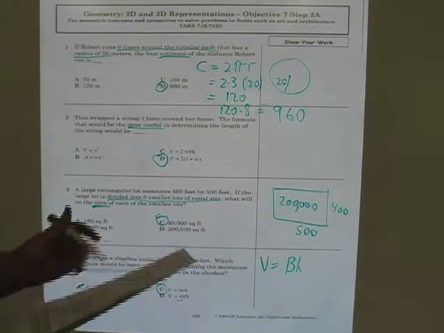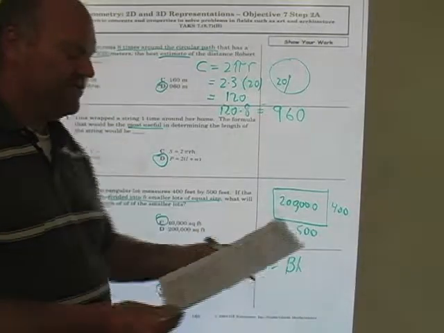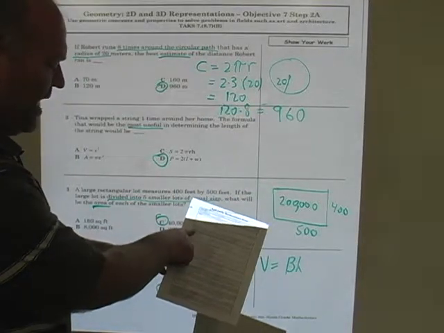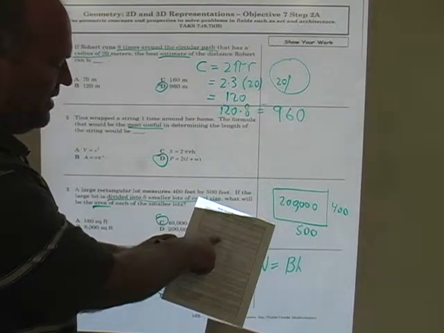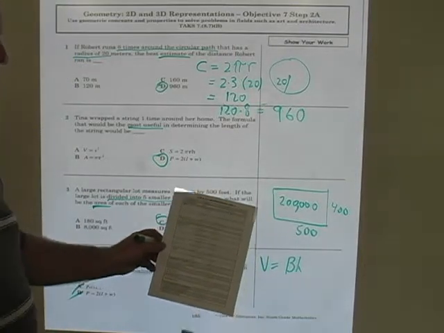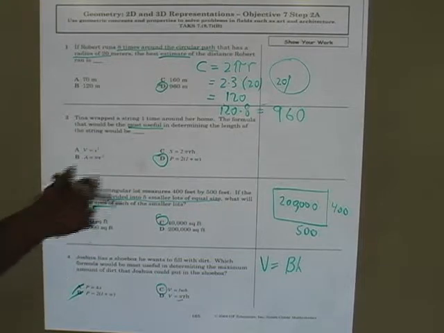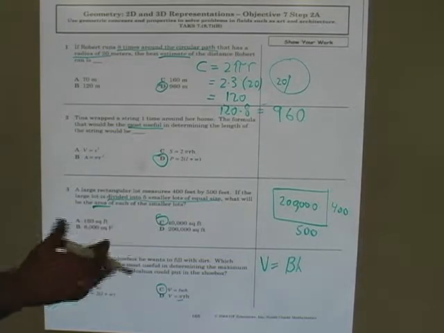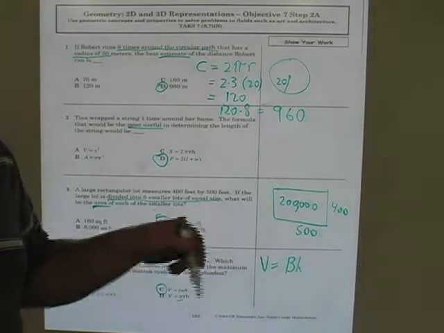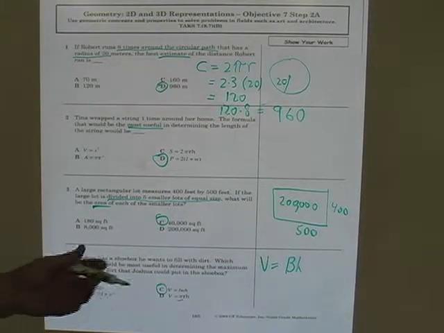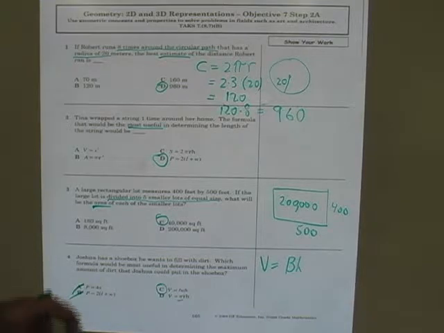So what the capital B stands for, and it tells you up here on your formula chart, capital B represents the area of the base of a three-dimensional figure. Well, the base of a rectangular solid is going to be the rectangle that's on the bottom. So what you do is find the area of that rectangle.